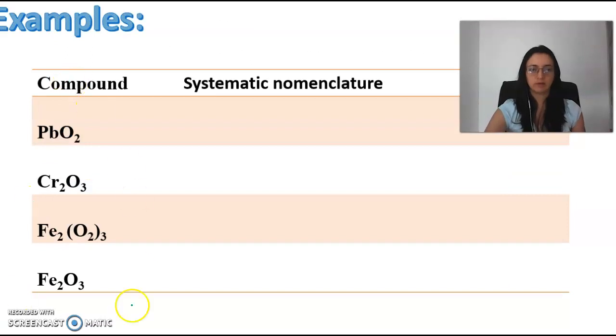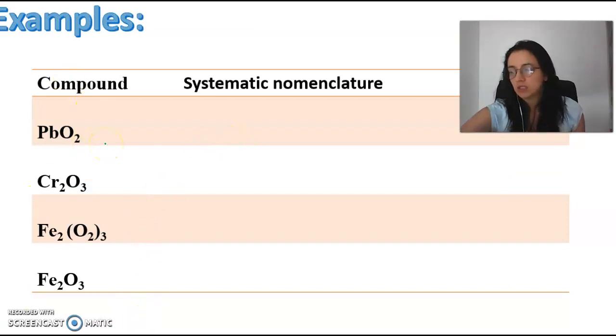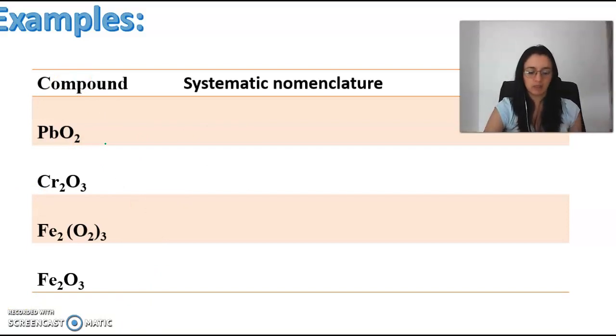So, for example, we have these 4 compounds. So I will need to check my periodic table for the name of that first element. Pb is lead. This is the element. And this compound has an O2. Okay, so it might be an oxide or it might be a peroxide.